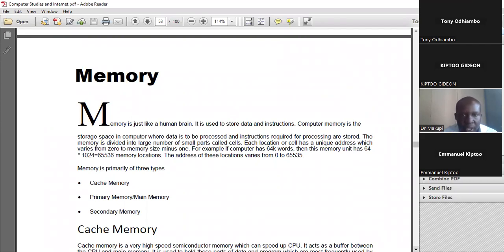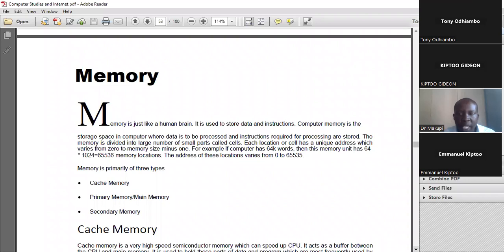When I count from 0 to 9, I get 10 locations. So when I say 64K word multiplied by 1024, I get 65,536 -1 to give me 65,535, which means that memory locations move from 0 to 65,535. That's important to take note of about memories.